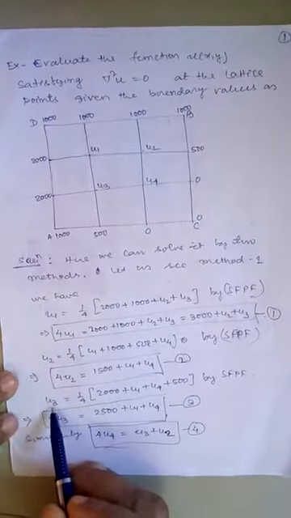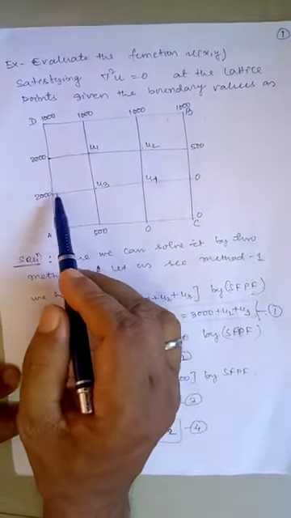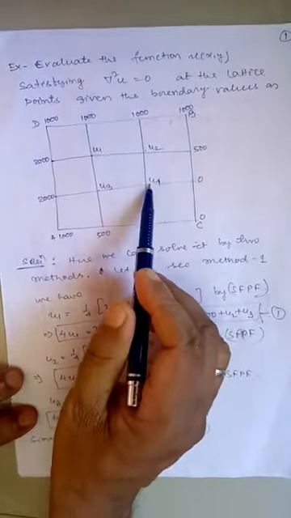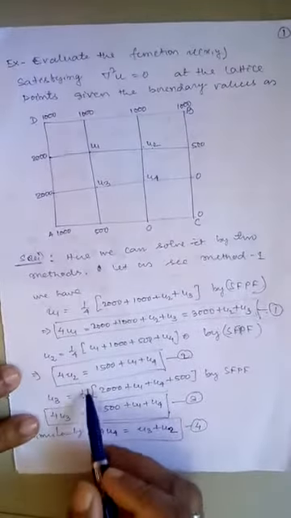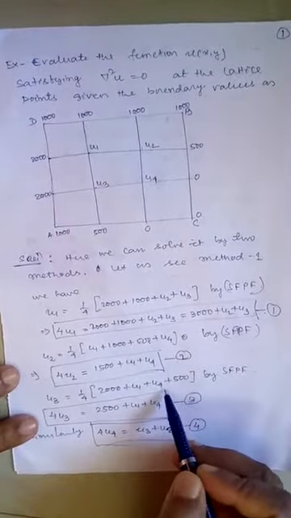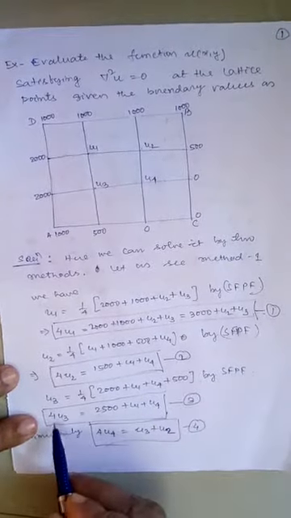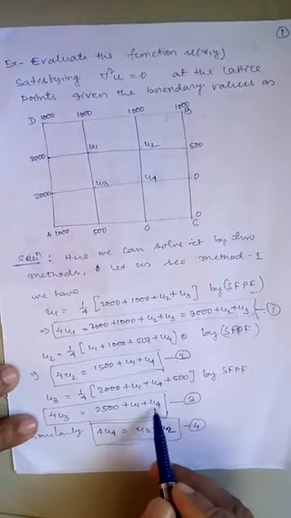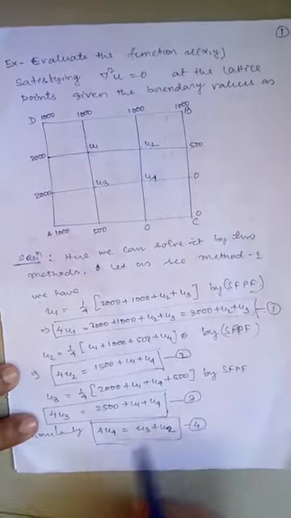Then we will go for u3. u3 is nothing but the average of 2000, u1, u4 and 500 by the standard 5-point formula. And we will get 4u3 equal to 2500 plus u1 plus u4. Let us denote it as equation 3.